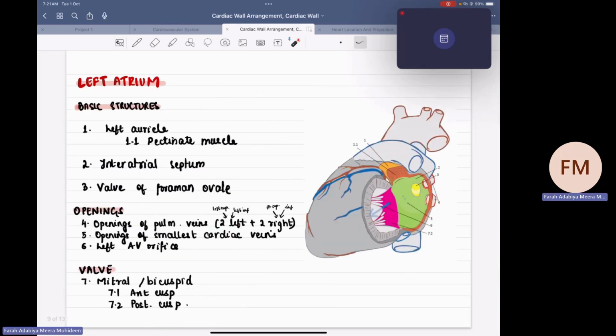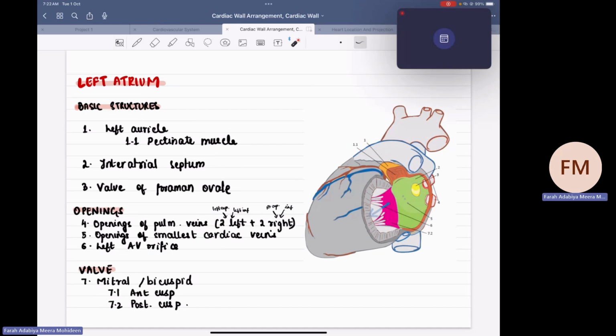Then you have your left atrium, basic structures. Again, very similar to the right atrium, except a few parts because there's no SA node and AV node in your left atrium. Openings, pulmonary veins. Your pulmonary veins basically, if you talk about a section, you'll see four parts.